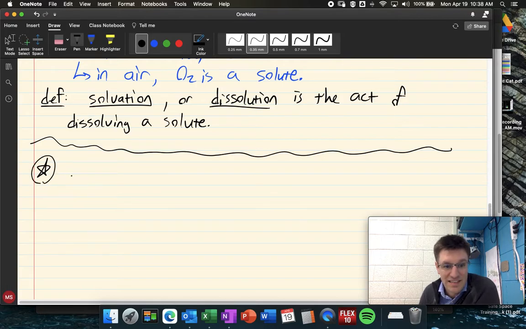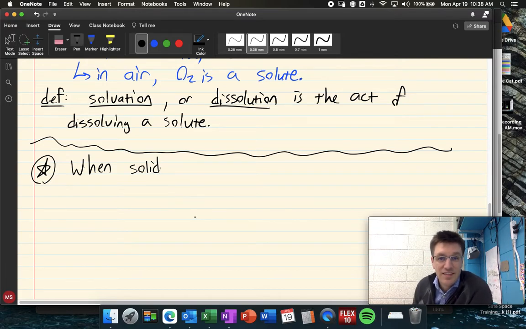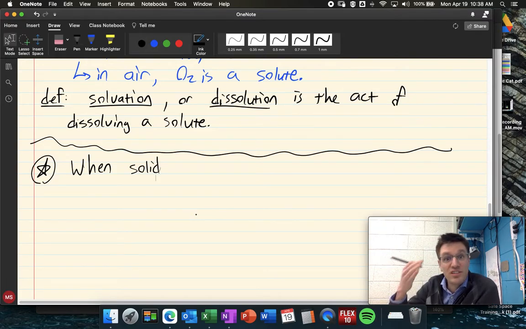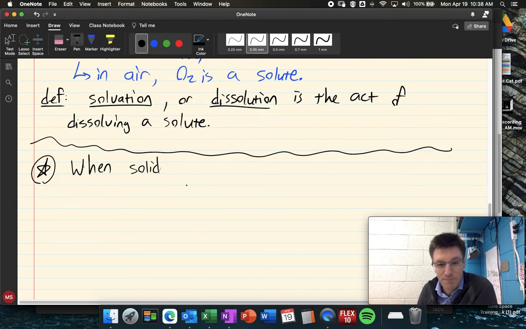So, here's our big idea. And I'm only talking about solids dissolving in liquids here, right? This same sort of reasoning applies when we're talking about different kinds of solutions, like liquid in liquid, or gas in gas, or solid in solid, you know what I mean?